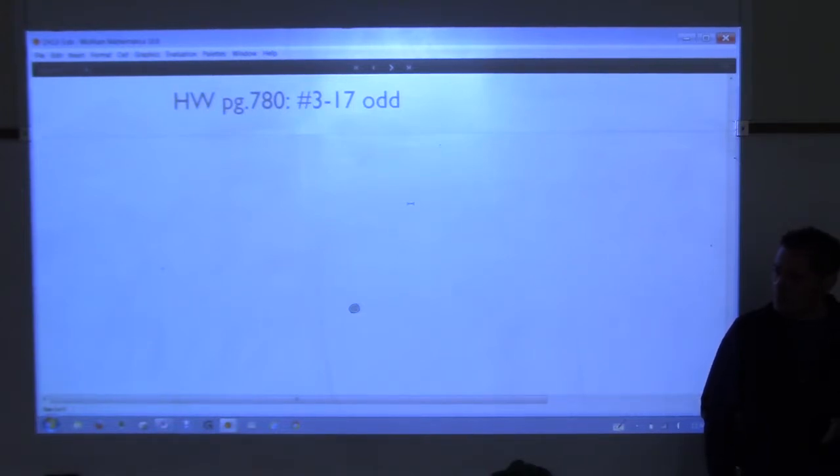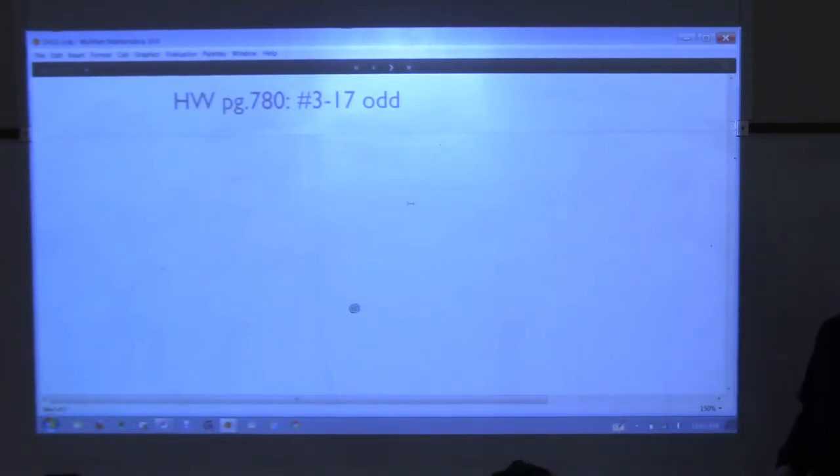You take the partial of P with respect to y, and you see if it's equal to the partial of Q with respect to x. That's for two-dimensional. For a three-dimensional vector field, there is a test, but it's not that test. You will get that test. I just can't give it to you yet. We need to define what the curl of a vector field is, and we haven't talked about the curl of a vector field. All right, that's the homework.